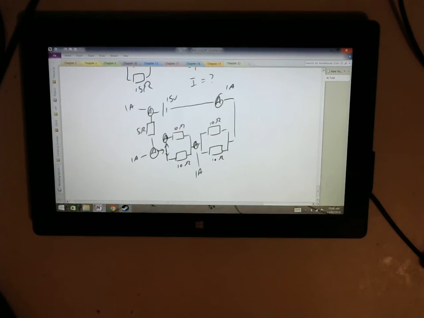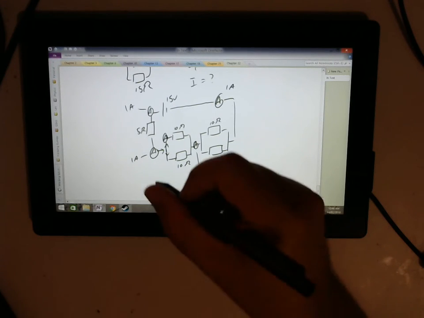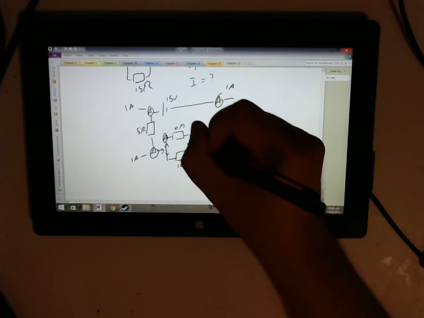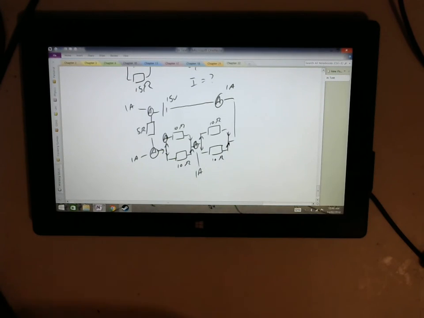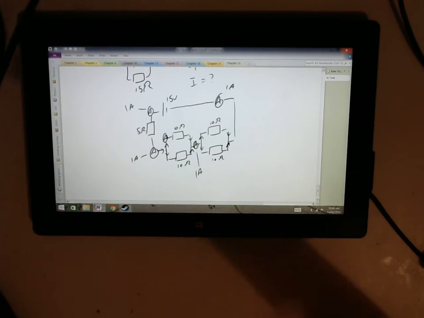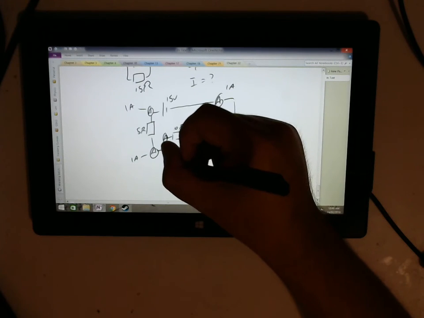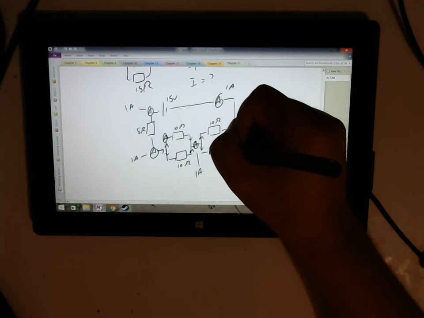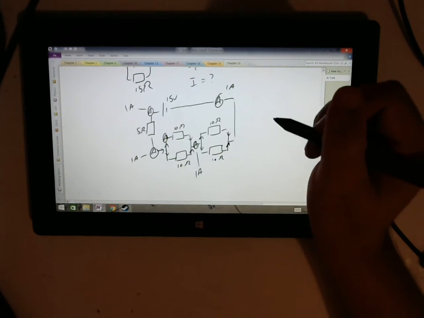It's just that in the section where it's split, the current is not going to be 1 amp in those branches, but it will be on these other places.